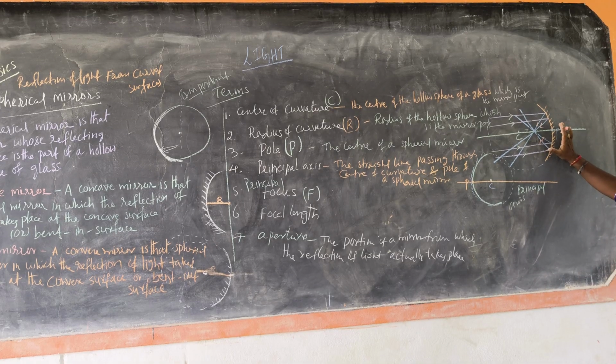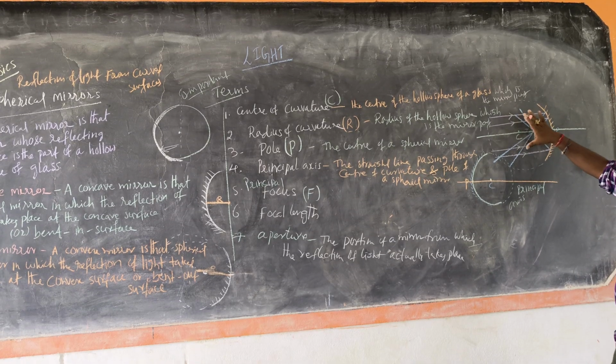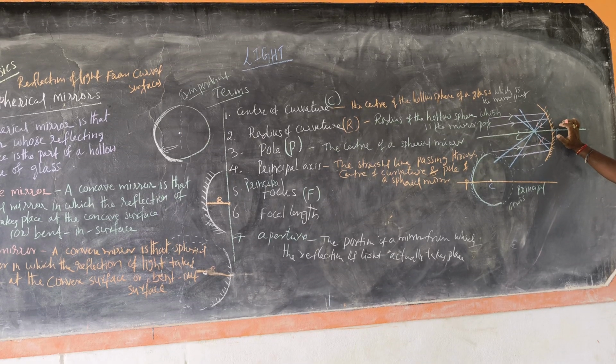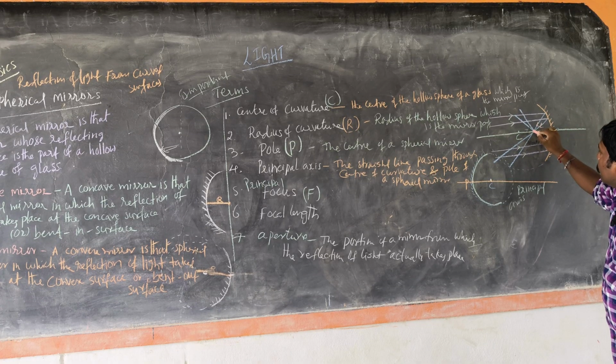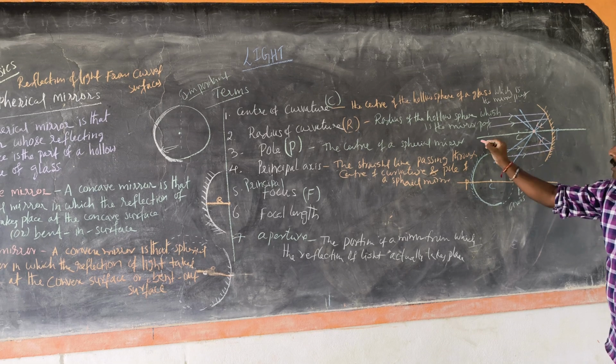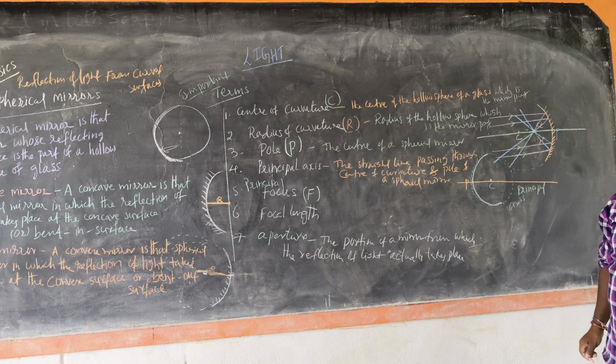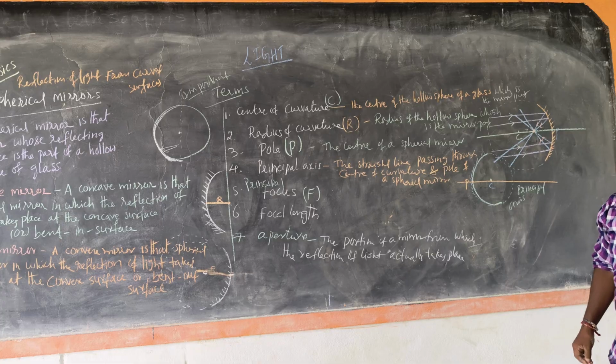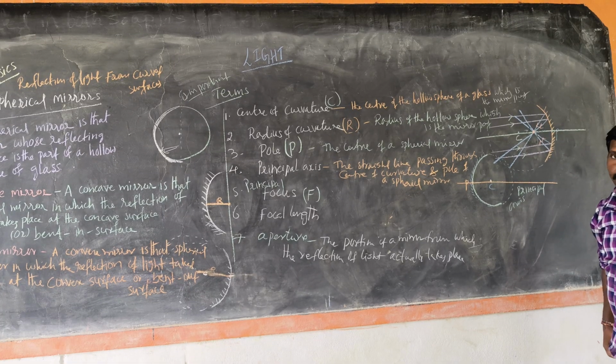On a spherical mirror, if a parallel beam of light is incident, after reflection all the reflected rays converge on the principal axis at a particular point.